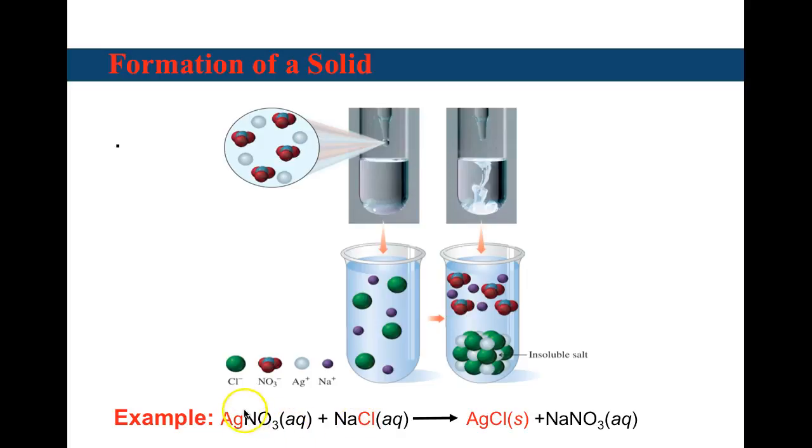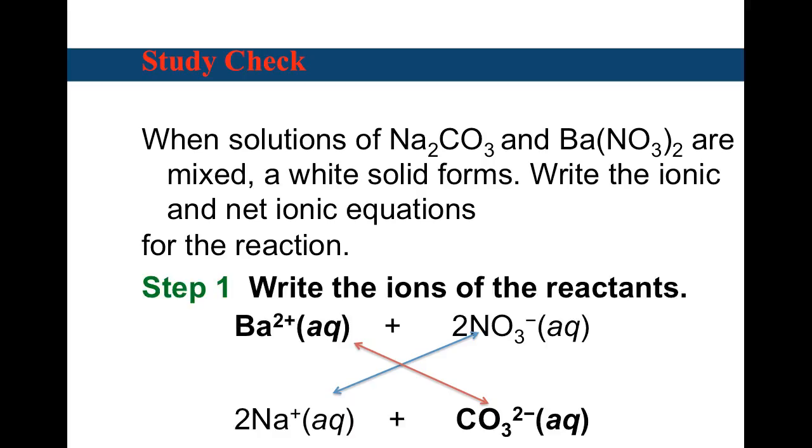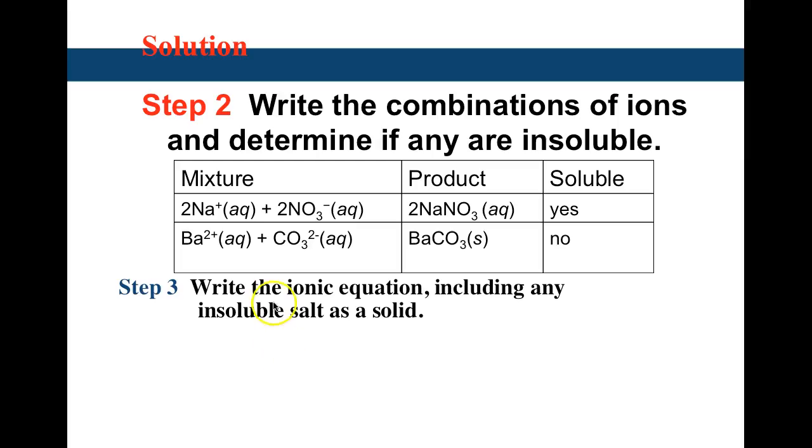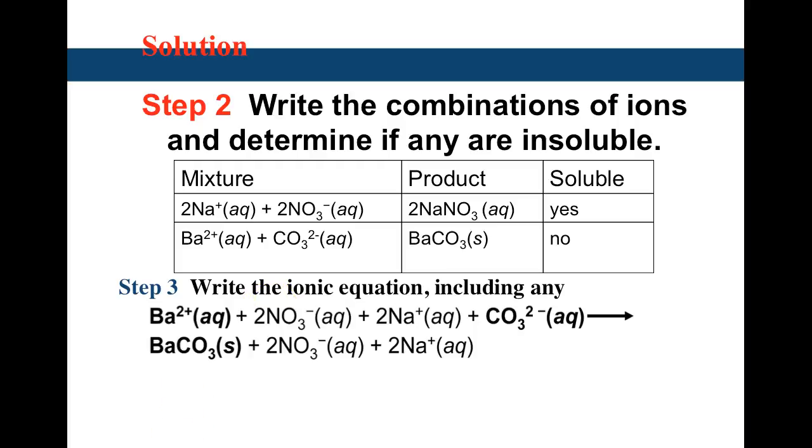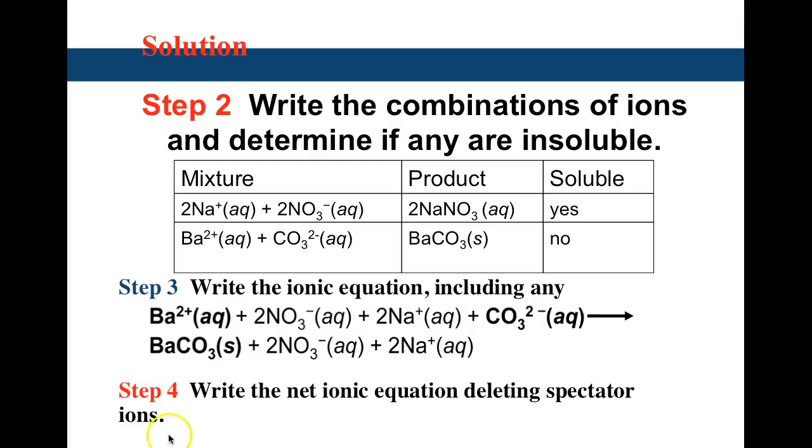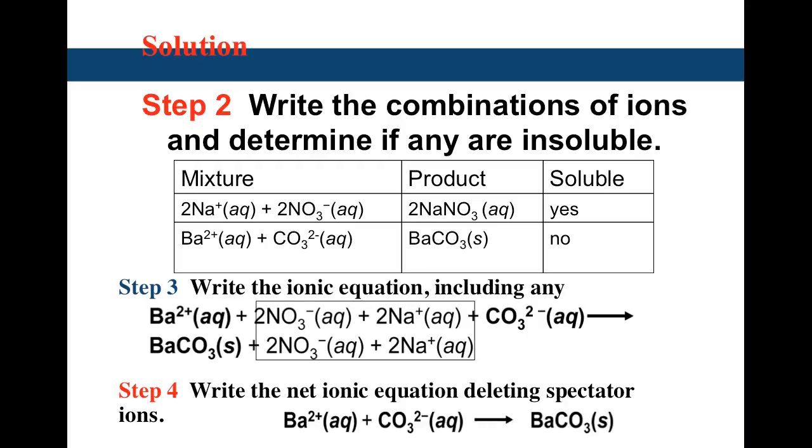When you separate out the ions into the positive ions and the negative ions, that's only when you see the AQ. And so that part is called the ionic equation, which is the complete ionic equation, okay? So this would be called the complete ionic equation, and then the net is just the formation of the solid.